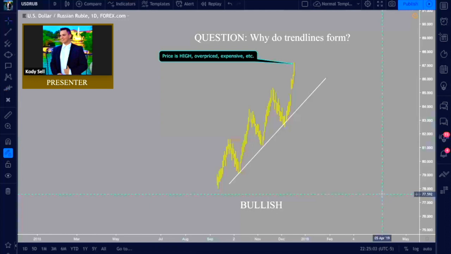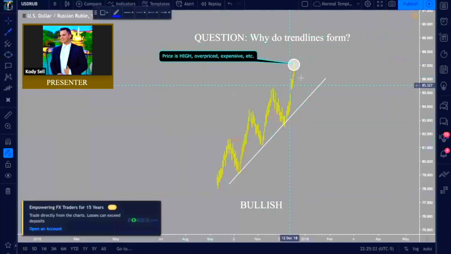So when we look at trend lines, what we're really seeing is institutional investors coming in at a common discount rate. So if you open up a chart and you see that price is up here, the institutional investors are looking at this and thinking, okay, I need price to come back down for a discount so that I can buy.